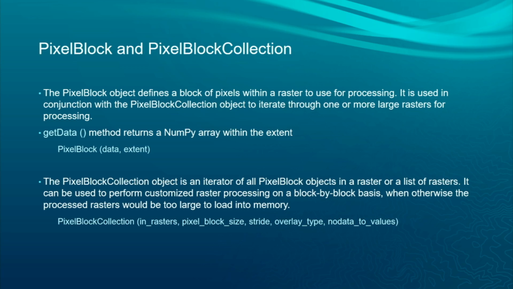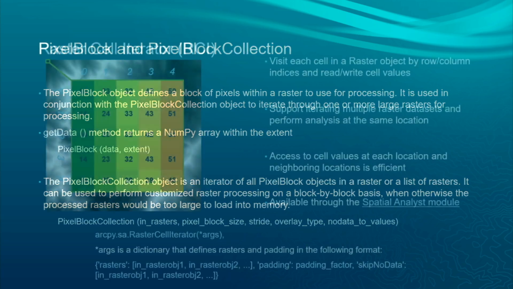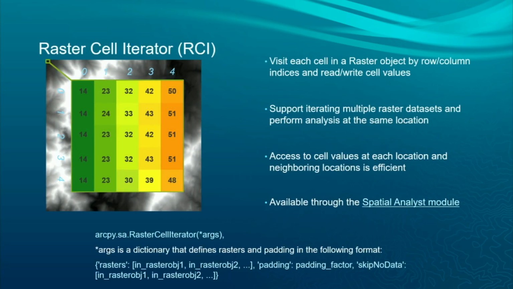But when you get down to work, you really need to work on a cell level. So how do you get to a cell level? We have created what is called the raster cell iterator, which lets you loop through individual cells in a raster. And then once you go through it, you can also look up, down, left, right, at the surrounding cells, because we have this relative notation going on here.